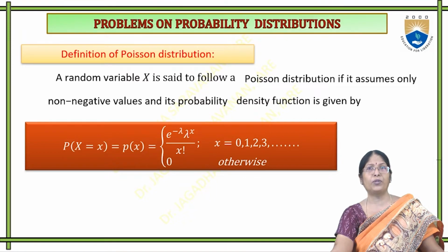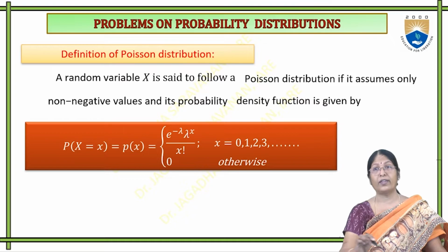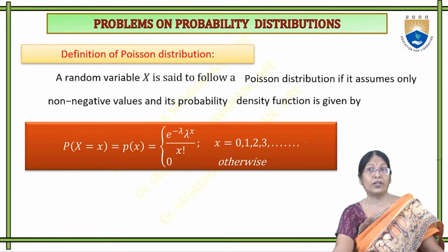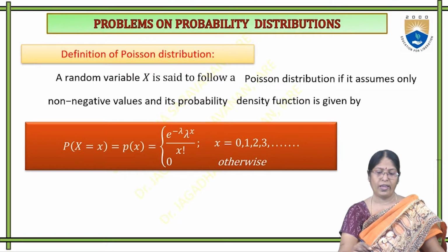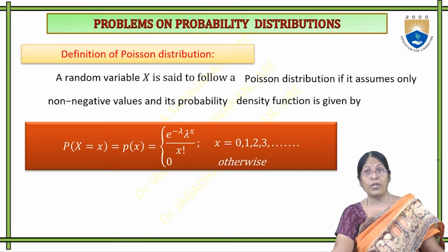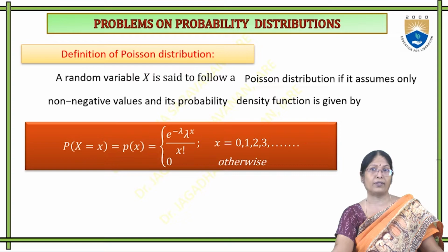What is the difference between binomial and Poisson? There, x is taking the value from 0 to n. In the Poisson distribution, x is 0 to infinity. This formula was derived by the mathematician Denis Poisson, and he took the mean of the binomial distribution as lambda.